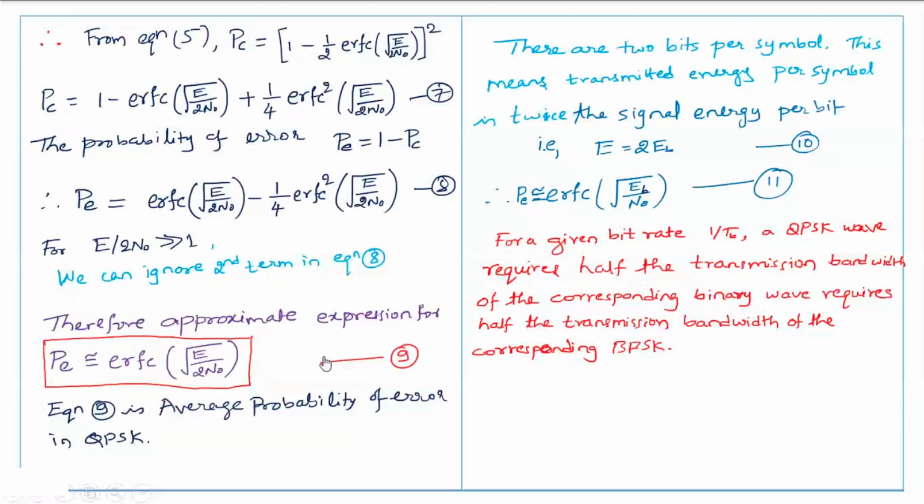Now, if you are given a bit rate of 1 by Tb, the QPSK wave requires half the transmission bandwidth of the corresponding binary wave, that is, of the corresponding binary phase shift keying, BPSK. So this is very important.